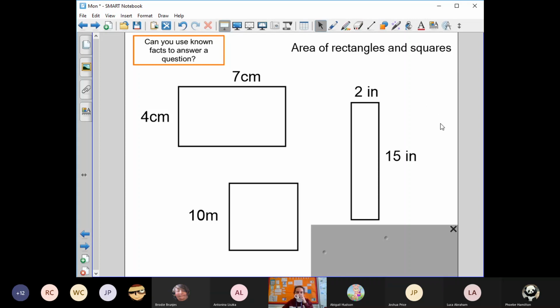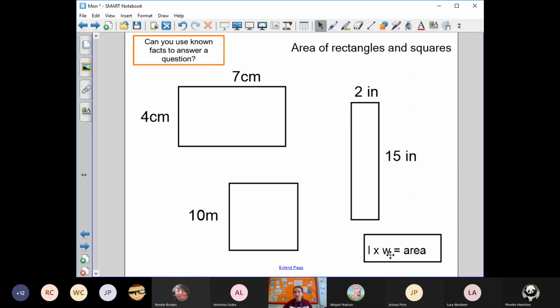Yeah, brilliant. Oh, good, Phoebe. Okay, so our formula, which links in with our algebra from last week, is length times width equals the area of a rectangle. Length times width. Okay, so we're using these letters L and W to represent the numbers that we may or may not know.